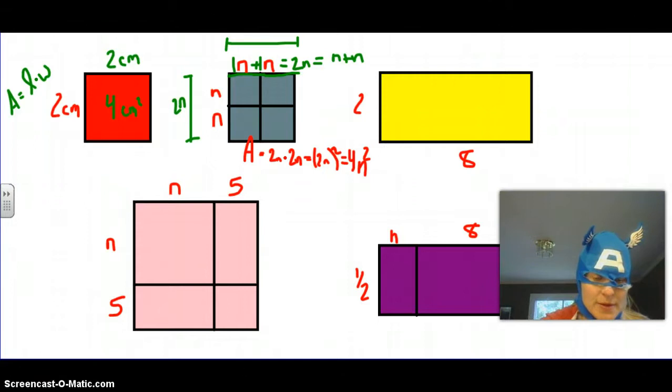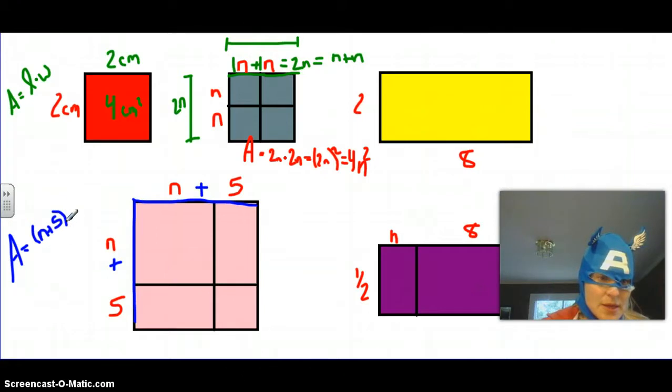Again, we have a square, and this length is n right to here, and then we know this is 5. So together that's just n plus 5. Okay? Same thing here. This length is n plus the length of 5. So again, we would say this length is n plus 5. So to find the area, we would say the length, which we'll put in parentheses so we can keep it together, n plus 5.